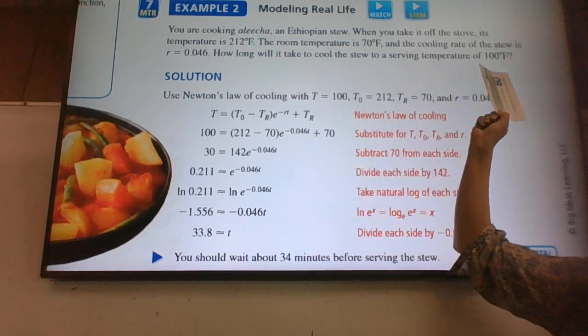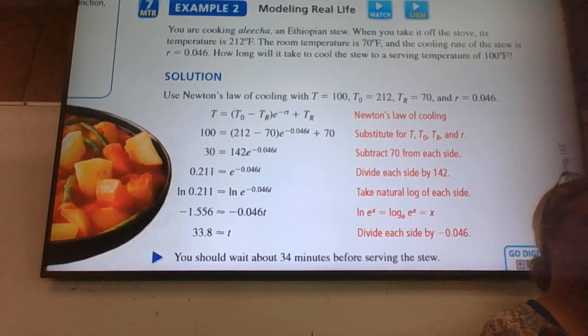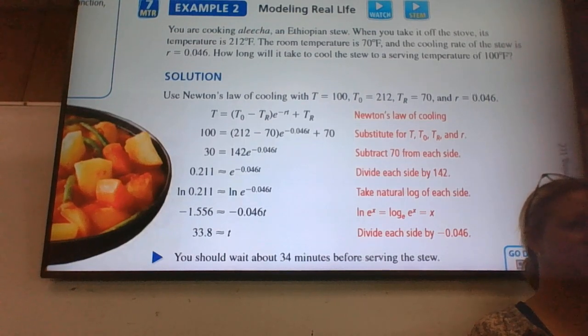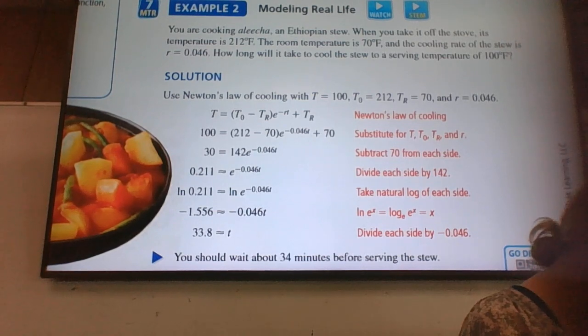We want our soup to be 100, which is 2 degrees higher than our mouth. I bet one time I scalded my mouth. Just put it in for a minute, taste it. We don't want scalding.